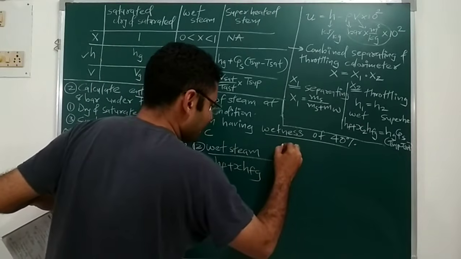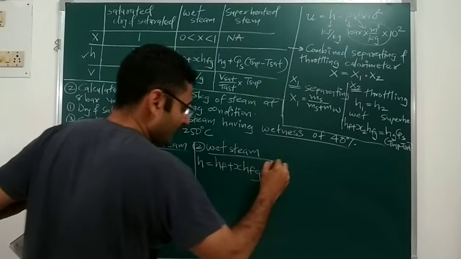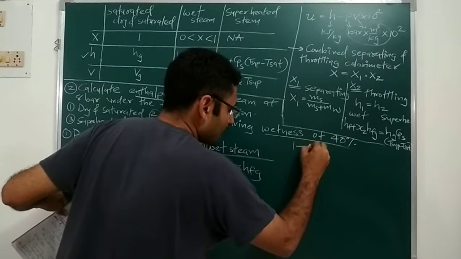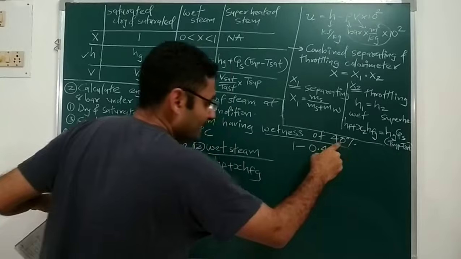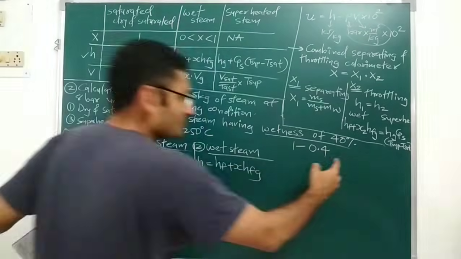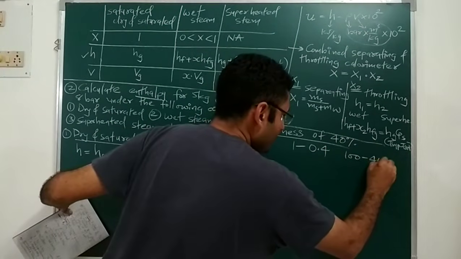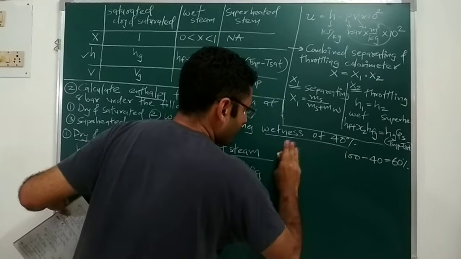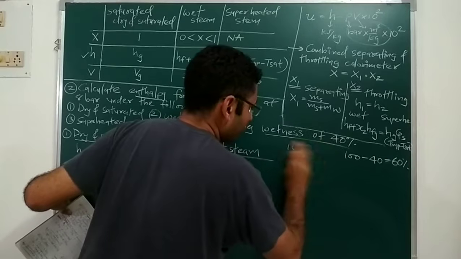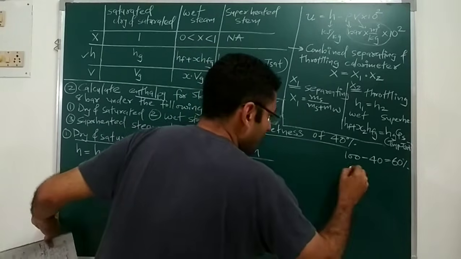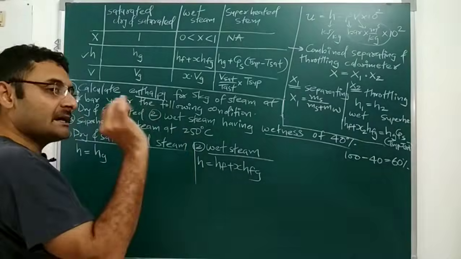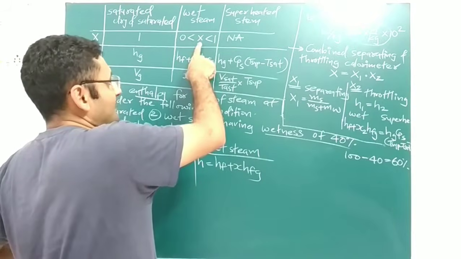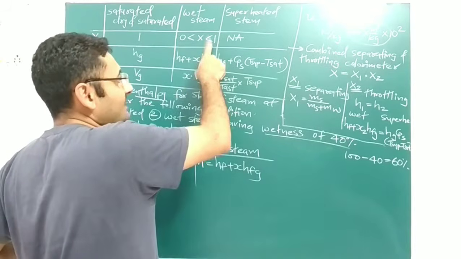You can say wetness fraction is 40%, so dryness fraction will be 1 minus 0.4, or you can say 100 minus 40. 100 minus 40 is 60%, and in decimal term, 0.6, because dryness fraction values lie in between 0 and 1.